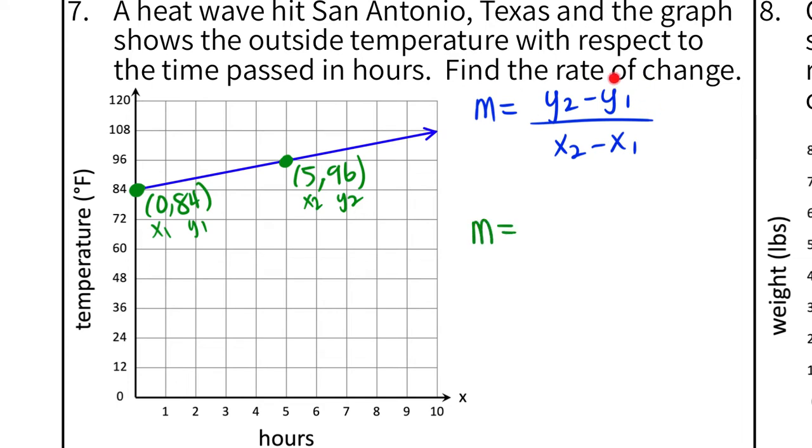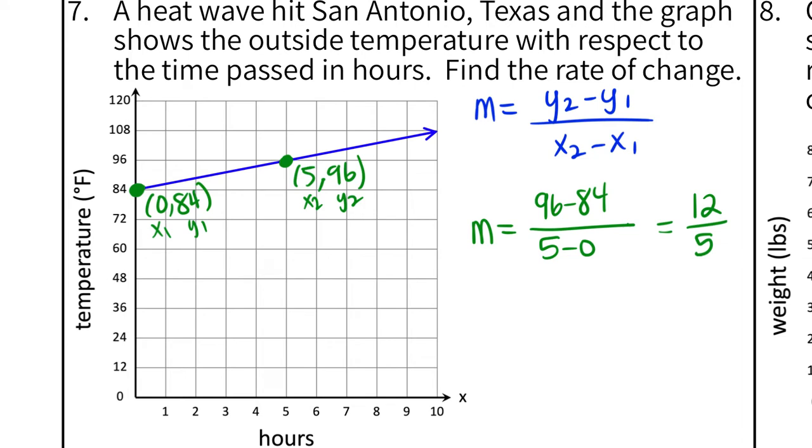On top, the y's go there, so that'll be 96 minus 84, over, on the bottom, that's where the x's go, so 5 minus 0. So what I get here is 12 over 5. This is the correct rate of change. It is the correct slope.